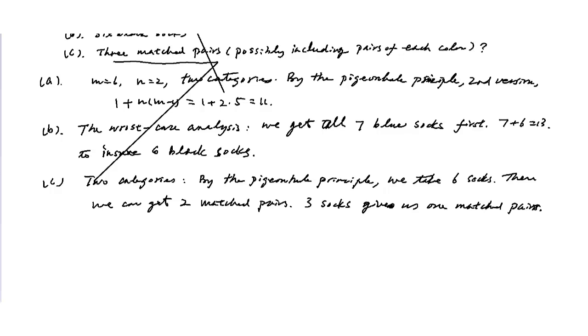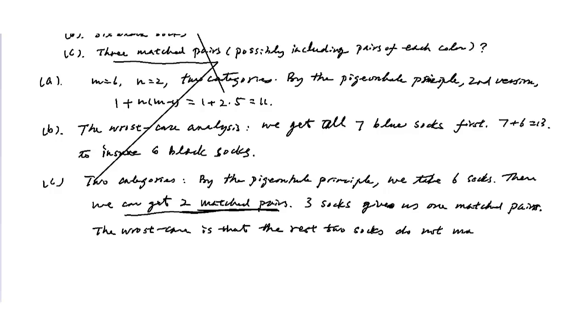That gives us 1 each, so 6 will give us 2 matched pairs. In the worst case, that gives us 2 matched pairs, and then we are left with 2 socks. If they do not match, that's the worst case. So the worst case is that the remaining 2 socks do not match.